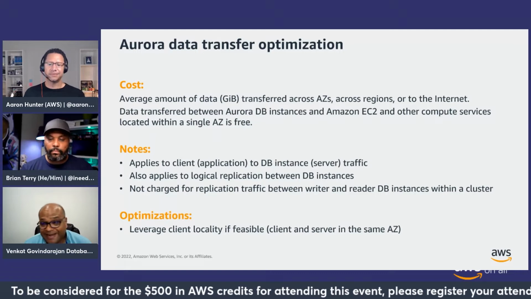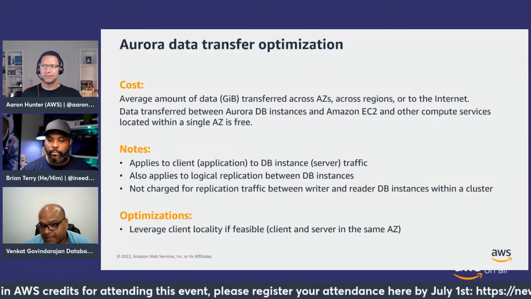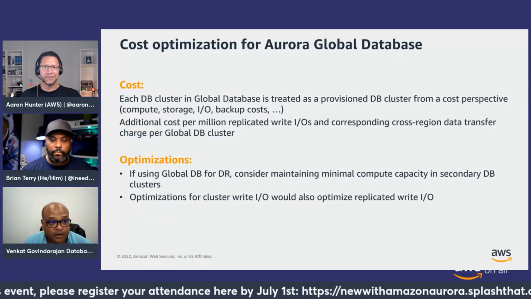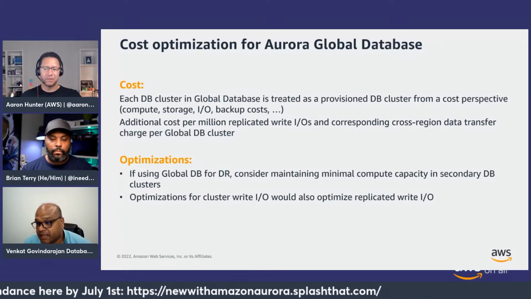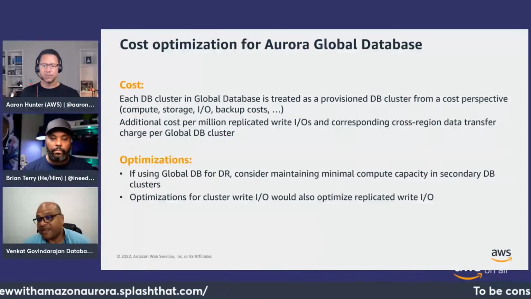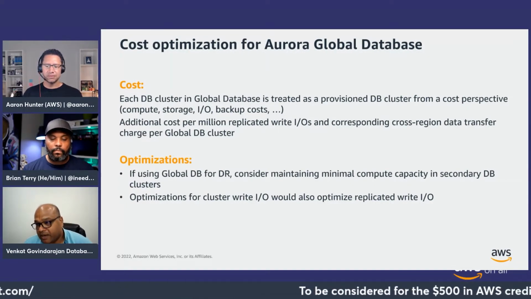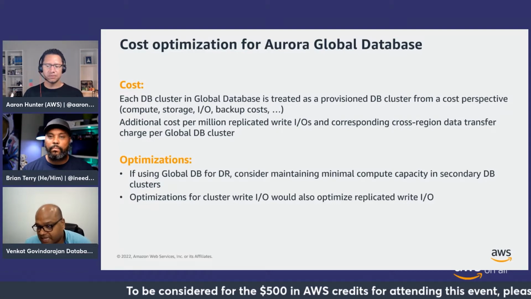When you have global databases, which is the next slide, we get charged for IOs as well, because it is an inter-regional transfer. With Aurora global databases, the cost includes the compute, the instance type of the compute.